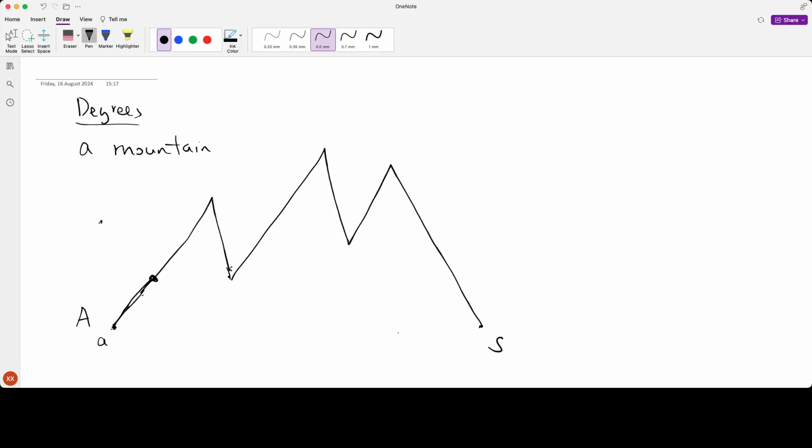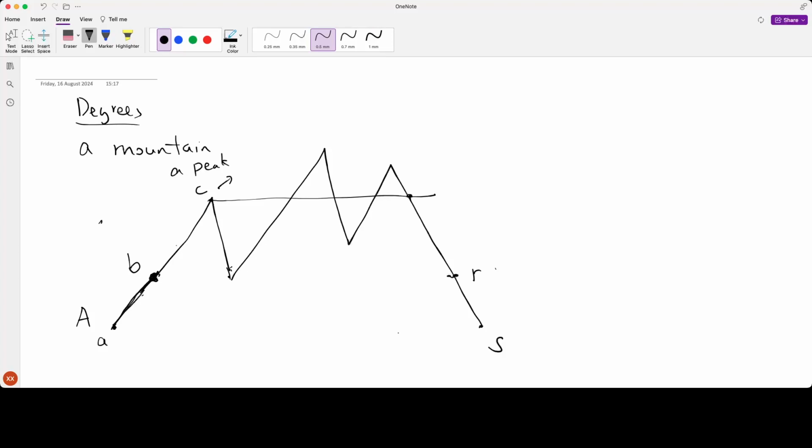So somehow when this guy arrives here, and this guy arrives here, for example, let's call this point B, and when this guy arrives at point C, which we call a peak, this second guy arrives at, for example, this point.